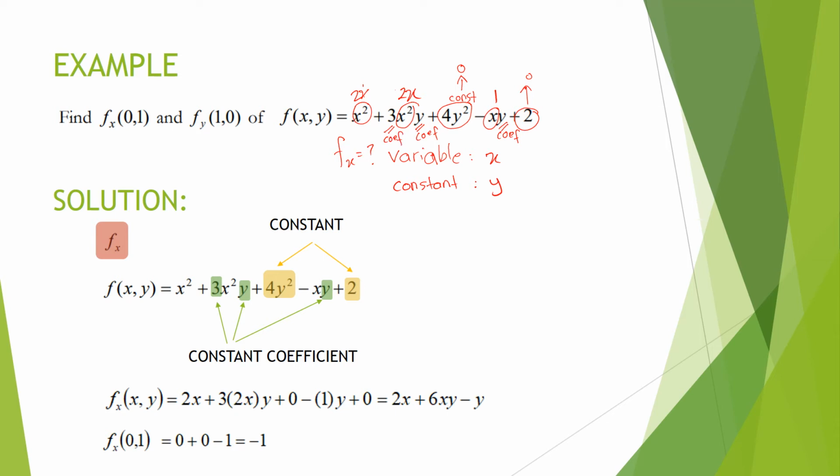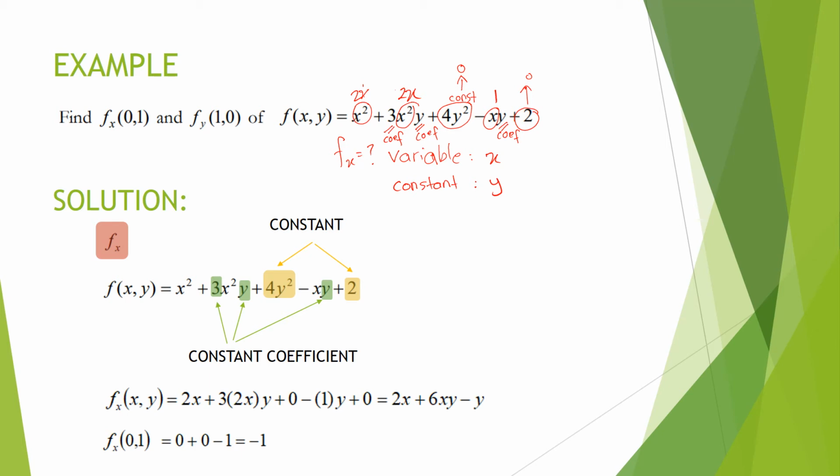Y here also coefficient, 3 here also coefficient. This one becomes a constant because y is a constant. Constant squared is a constant. Y squared 4 also a constant.